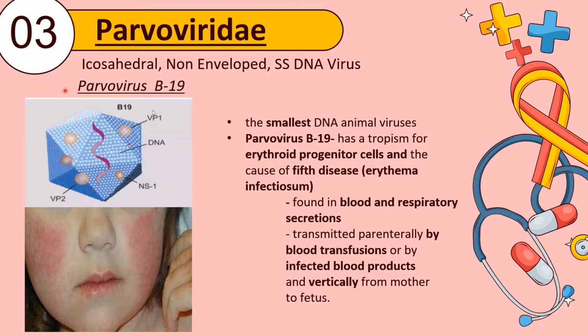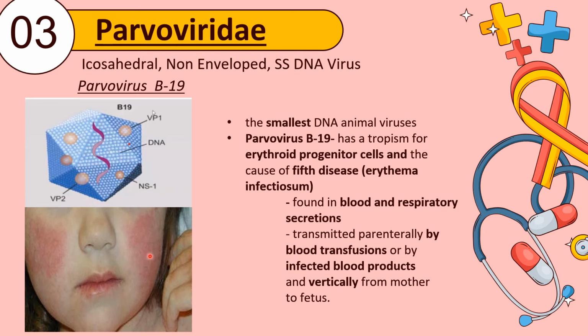Parvo B19 has a tropism for erythroid progenitor cells, meaning it has an affinity or attraction to cells that give birth to erythrocytes or the red blood cells. The virus is the one causing fifth disease or erythema infectiosum, which appears to be common in children and is known to produce a slapped cheek presentation as seen in this picture.